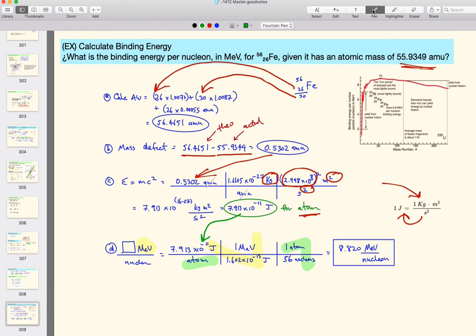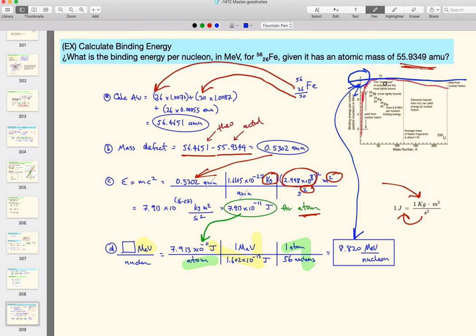Are we buying that? Sure we are. Why? Because we just looked at iron and we said it's the most stable. And we look at the value and sure enough, it's in between 8 and 9, just looking at that crudely on the graph. And that's exactly what we calculated, 8.82.